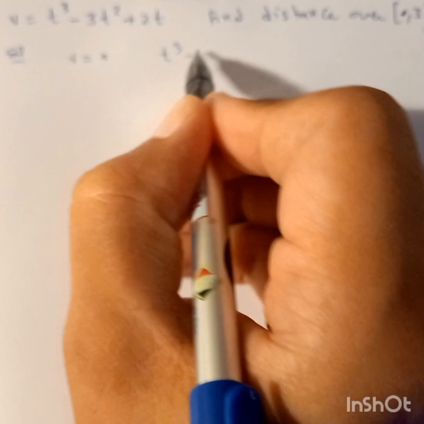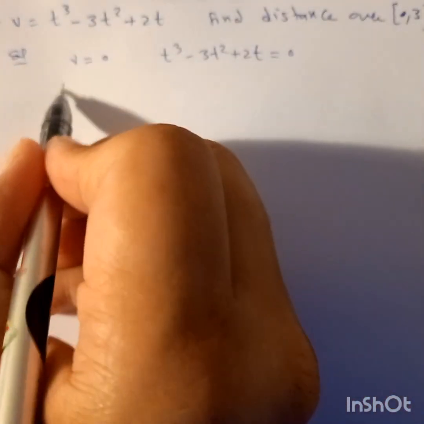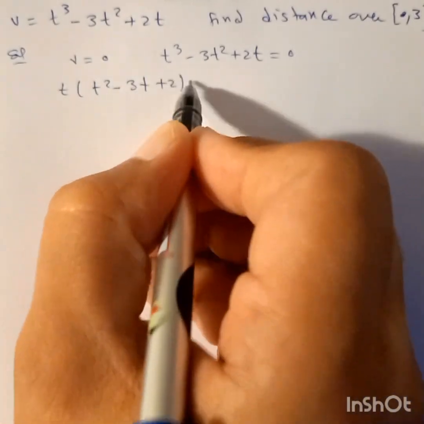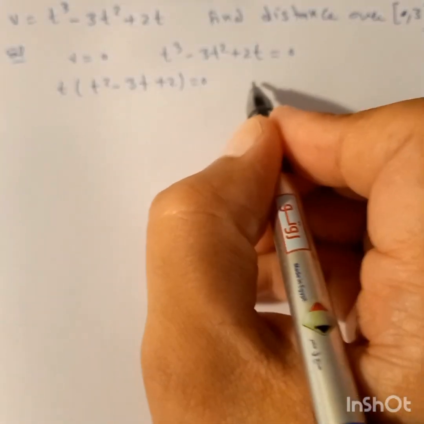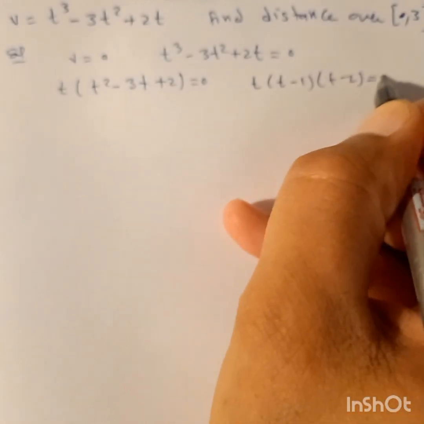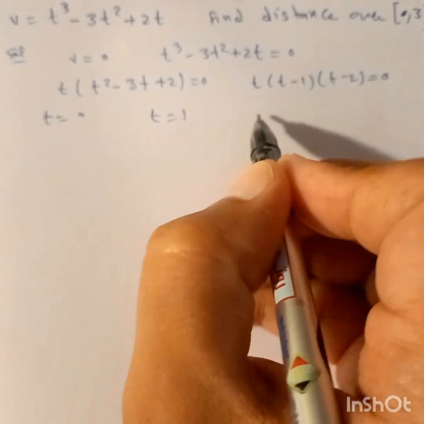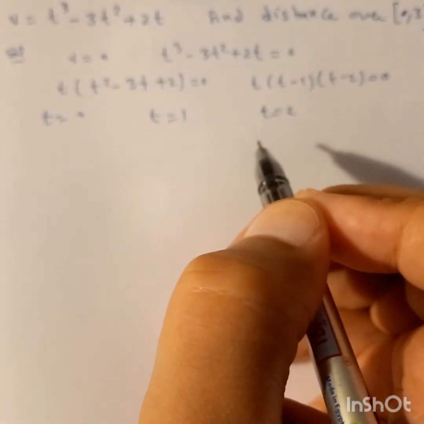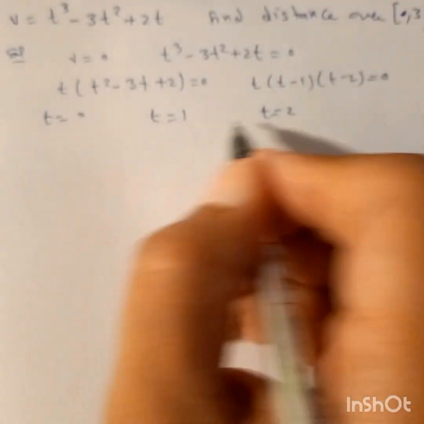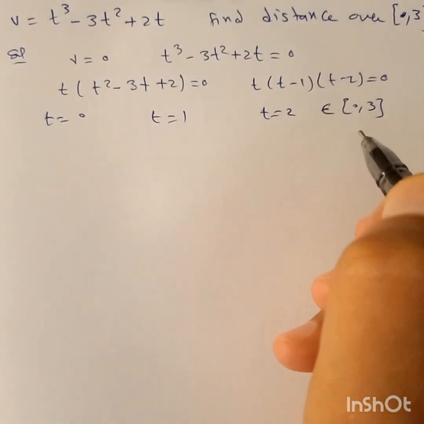We have t² minus 3t plus 2 equals 0. By factorization we have (t minus 1)(t minus 2) equals 0. Then at t equals 0, t equals 1 and t equals 2, the velocity vanishes, or velocity equals 0. Okay, and all these times are included in the 0 to 3 time interval under investigation.